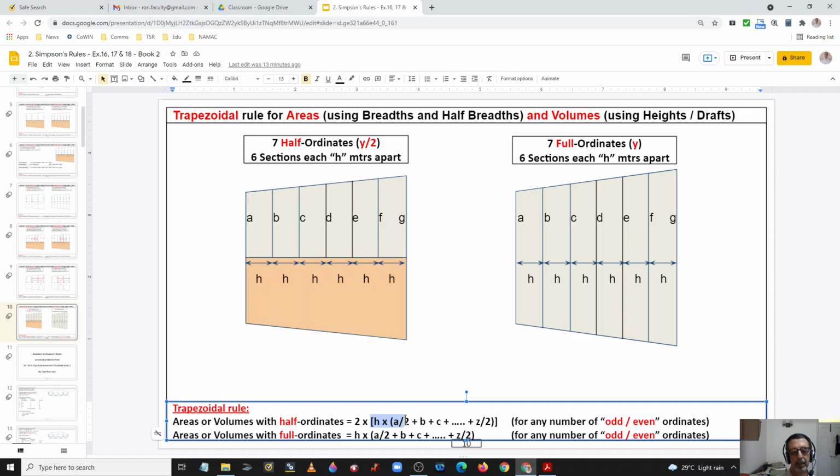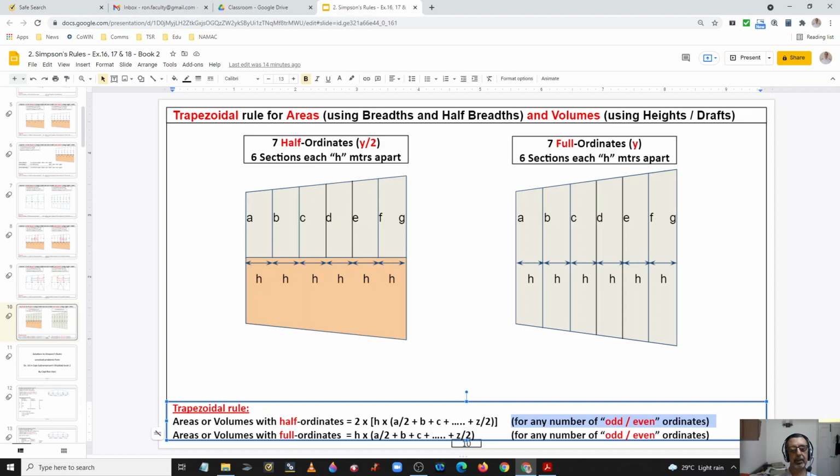Here we have to remember that the first ordinate is halved and the last ordinate is also halved, and the rest in between are taken just as they are. There is no other multiplier except 1.